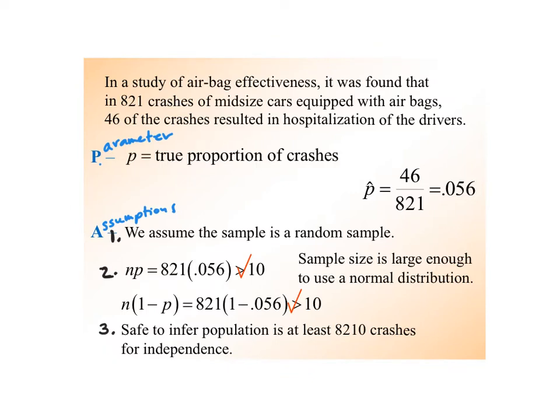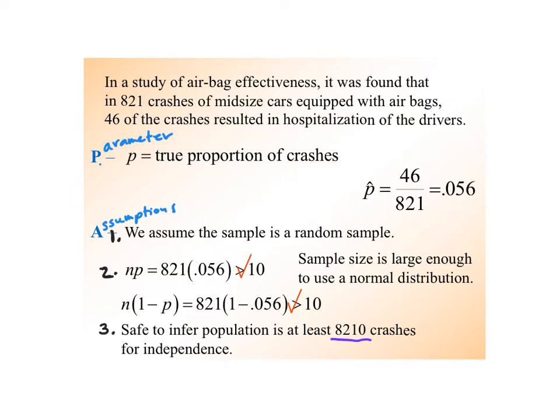So let's look at assumption number 3. It's safe to infer that the population is at least 8,210 crashes for independence. Again, where did I get 8,210? Anybody remember?